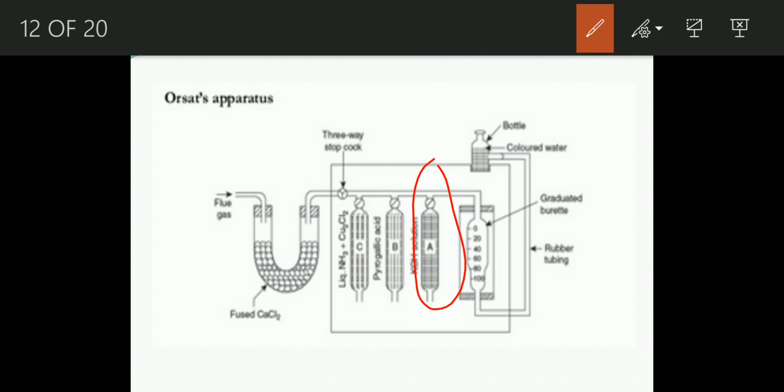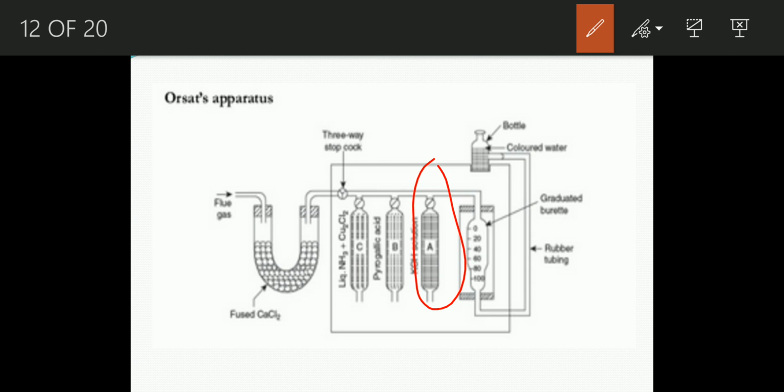The second step of estimation involves estimating of oxygen. In this step, we follow the same procedure as we have already done for carbon dioxide absorption. That is, opening of stopcock of middle bulb, that is B bulb, containing alkaline pyrogallic acid, and sending the flue gas into the bulb by moving the water reservoir upwards.